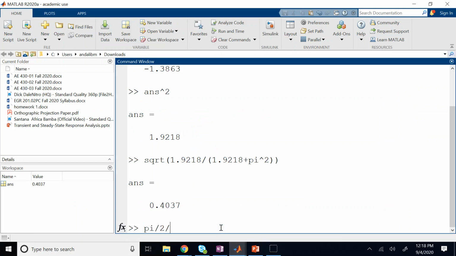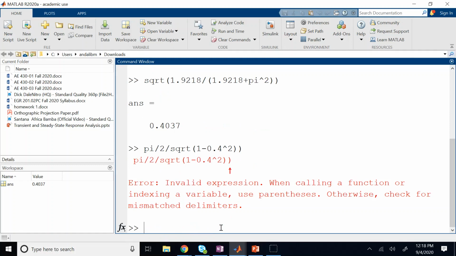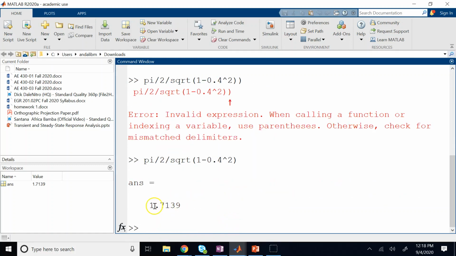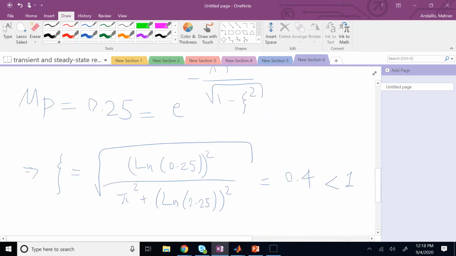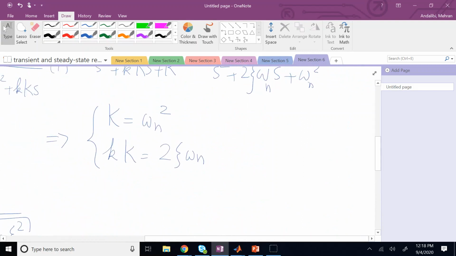So pi over 2 divided by square root of 1 minus zeta squared. 1.71 again, if we round it to 2 decimals, 1.71 radians per second.